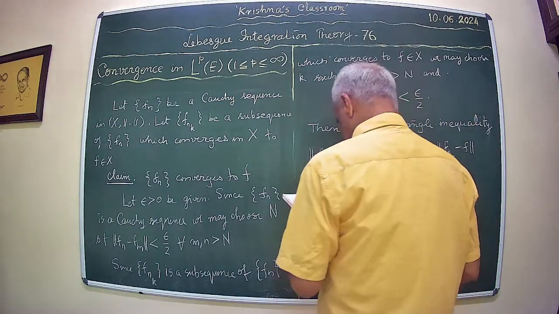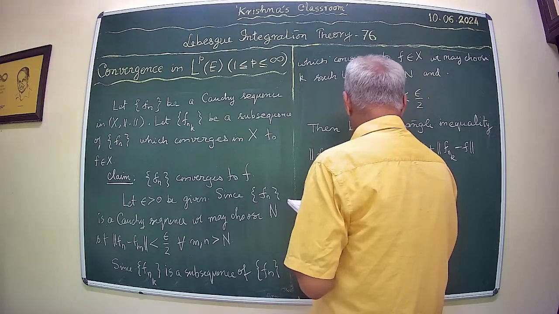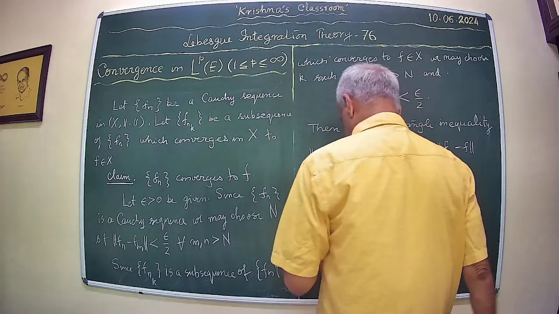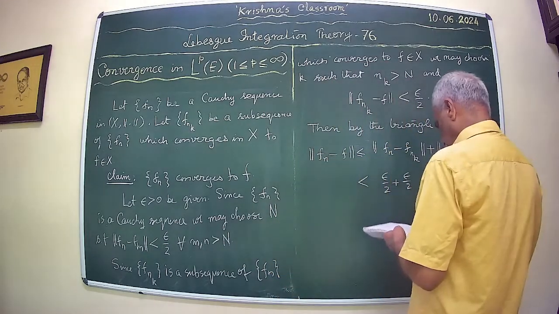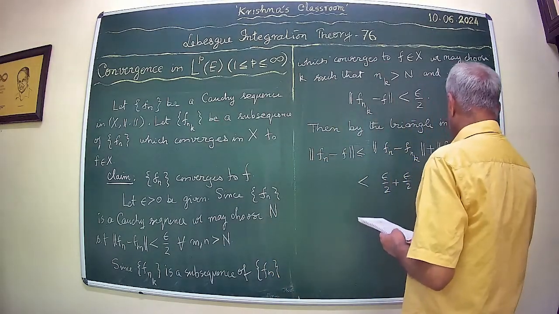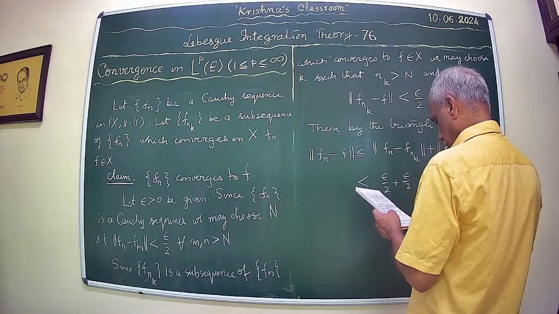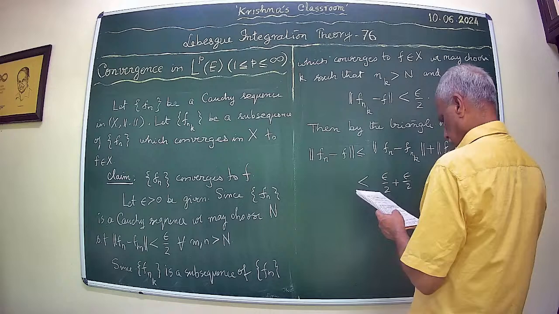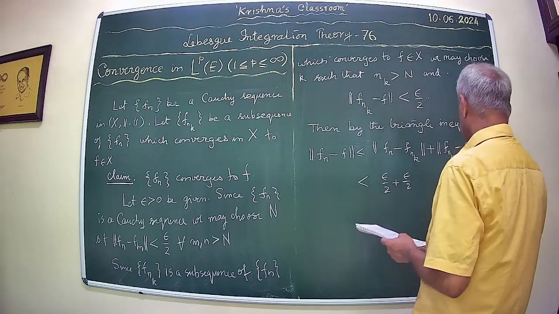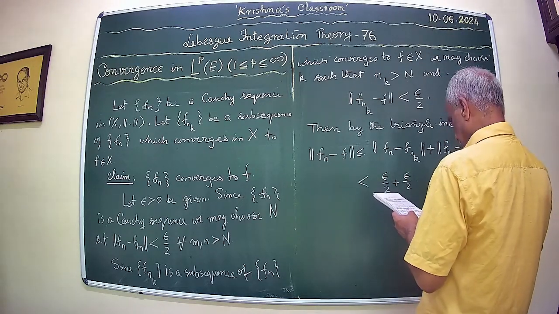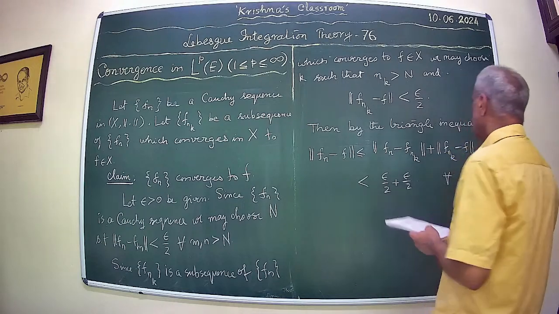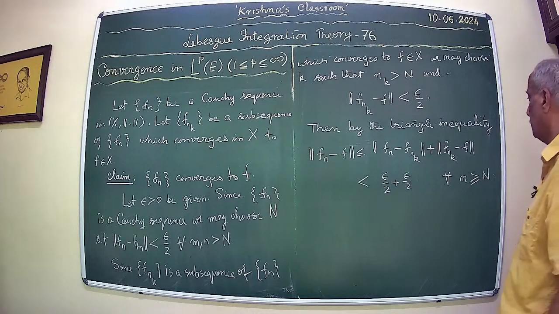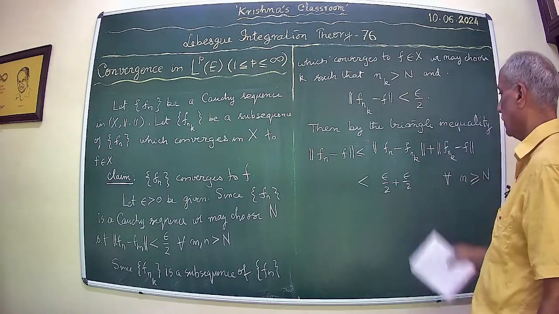Now you see that this is less than epsilon by 2 for every k greater than or equal to K. So this part is less than epsilon by 2.